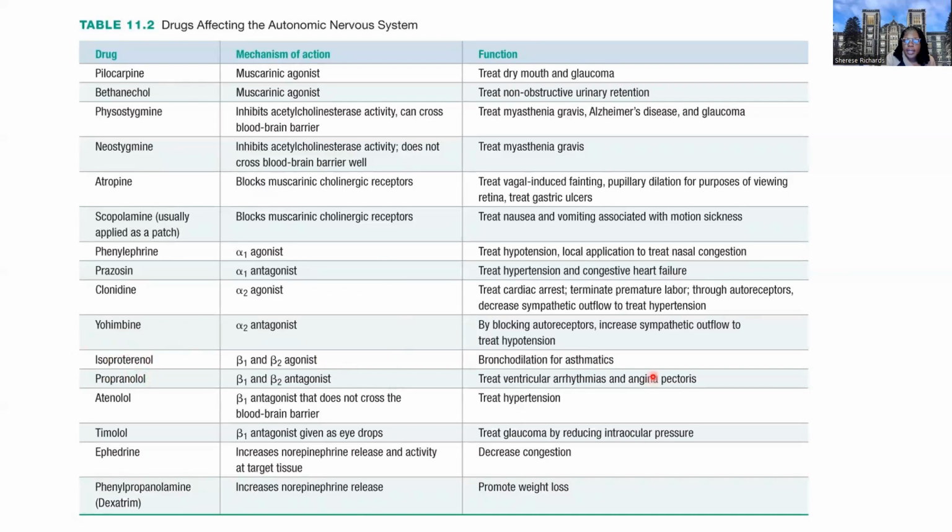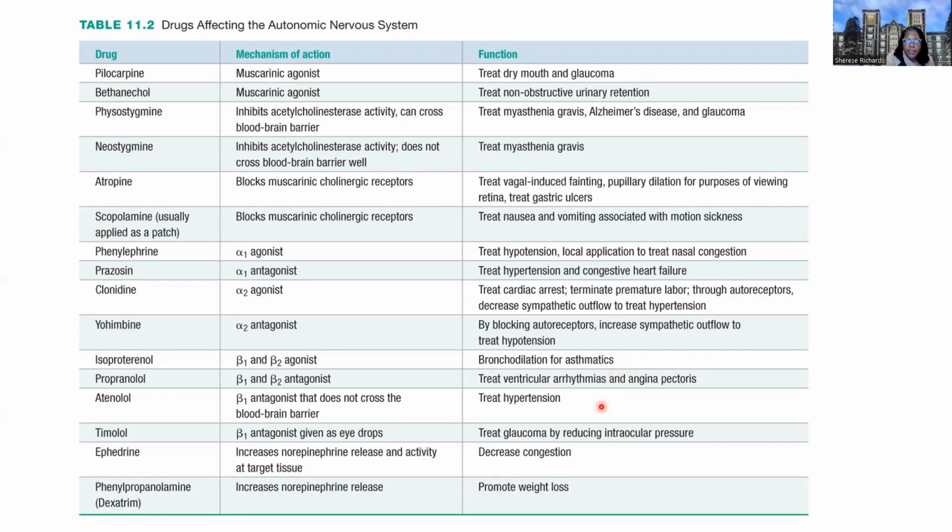This is used in asthmatic patients, where there is usually constriction of the bronchioles. With the understanding that beta-2 receptors bring about bronchodilation, we can give these patients a drug that targets these receptors as an agonist. In other words, it stimulates this response and helps to dilate the bronchioles, which can give relief to patients with asthma.